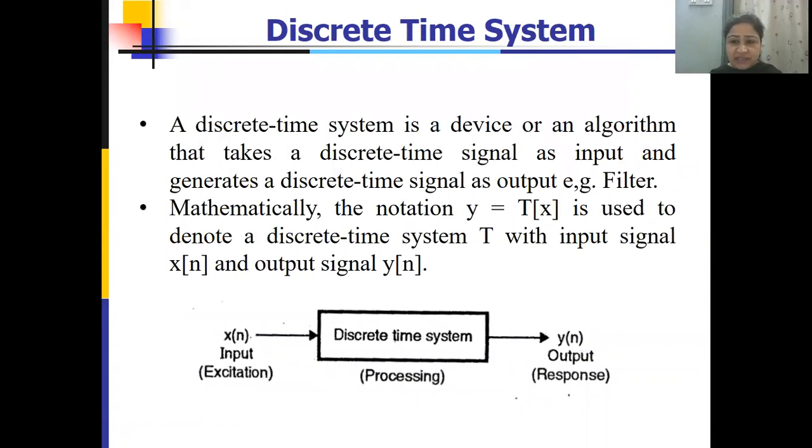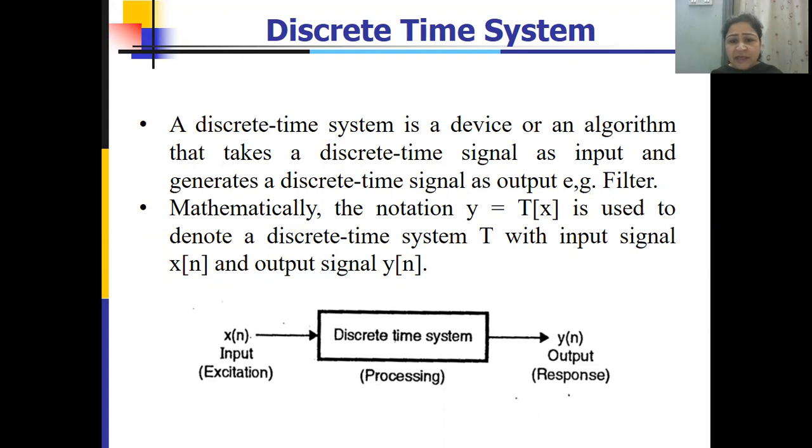Now, what is discrete time system? A discrete time system is a device or an algorithm that takes a discrete time signal as an input and generates a discrete time signal as output. The most common example of discrete time system is a digital filter. For example, we have a low pass filter. Whenever a noisy signal is given to a low pass filter, the low pass filter removes the effect of the noise and generates a clean signal.